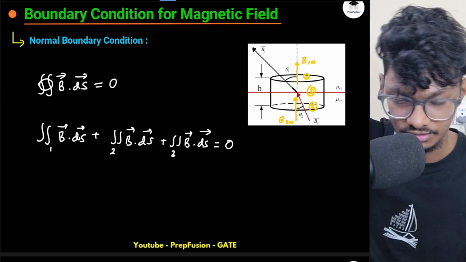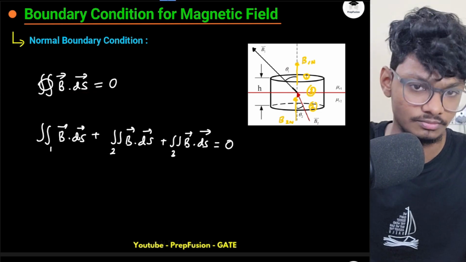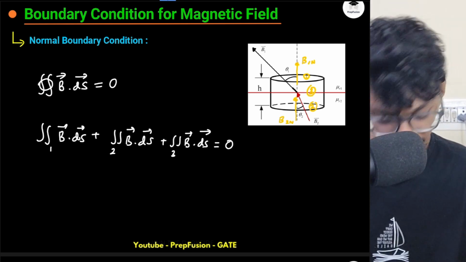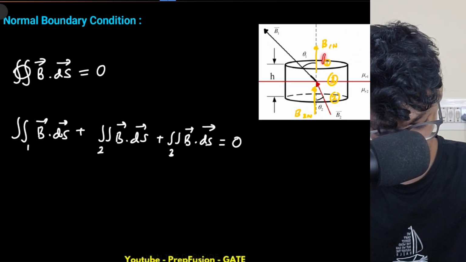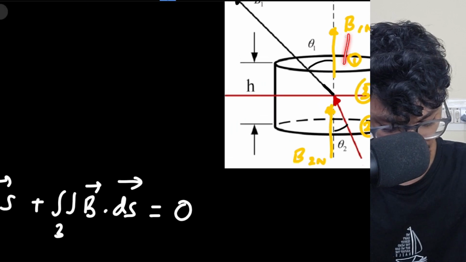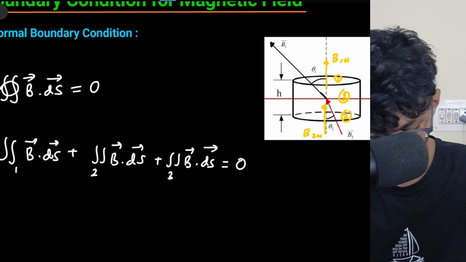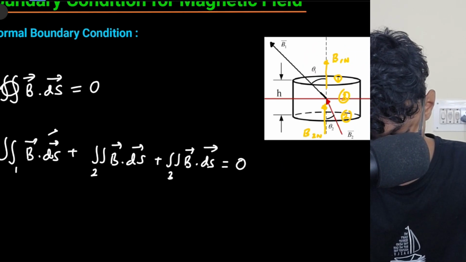The magnetic flux through a closed surface will be 0. Here I can observe that for the first surface, the angle between the area vector and B1n is simply 0. So here theta is always 0.